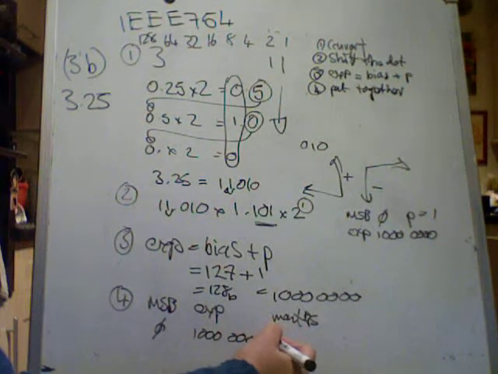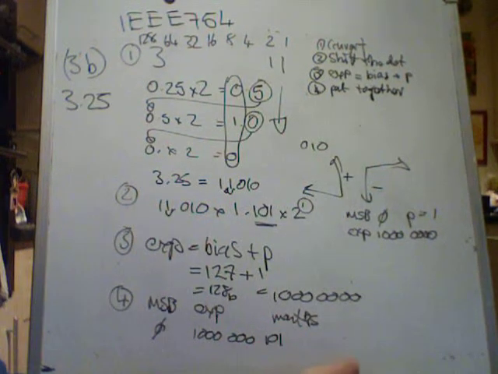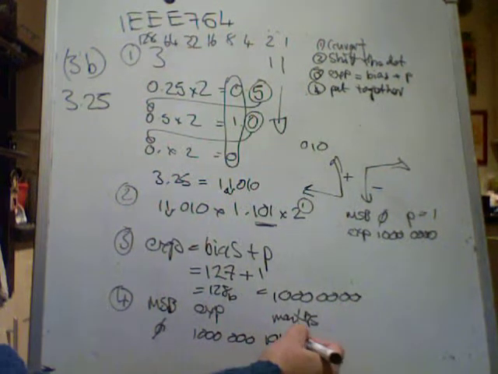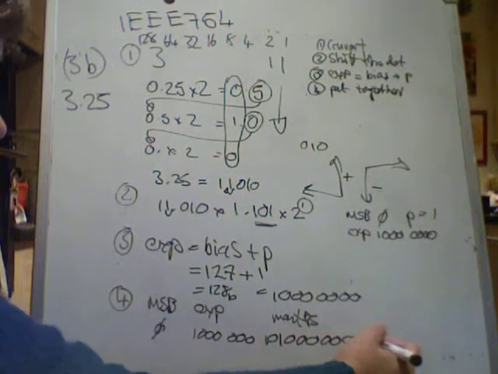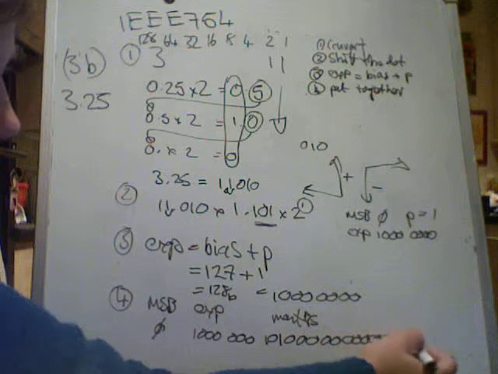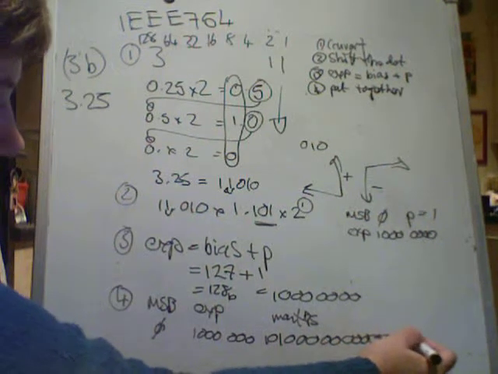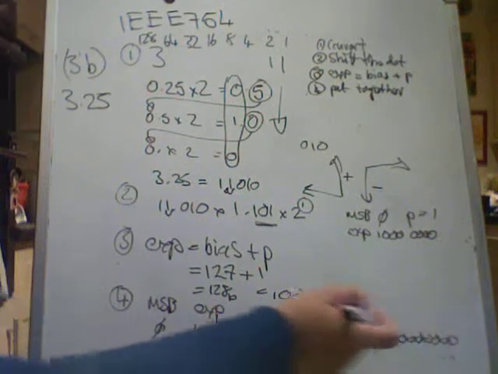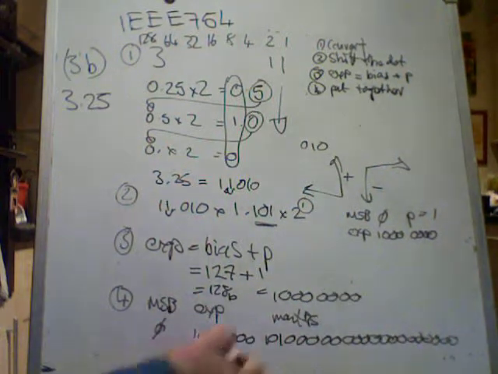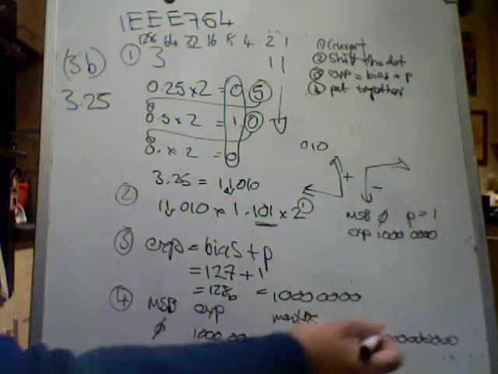In this case it's 1, 0, 1, and then we zero pad it till we get to our 32 bits. So it's 20 zeros. The number we're looking for is 0, 1, 0, 0, 0, 0, 0, 0, 0, 1, 0, 1, all zeros.